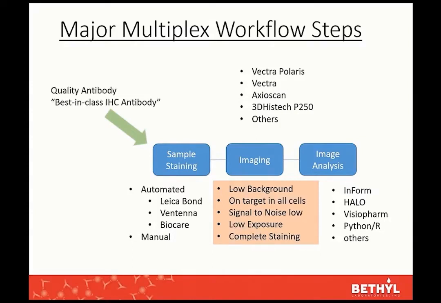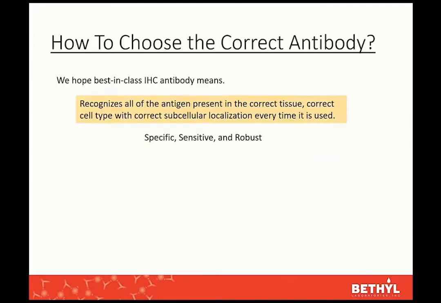So it's best to start off this staining with a quality antibody, and you'll hear people in the multiplex field often state, we're going to start with a best-in-class antibody. What is a best-in-class IHC antibody? What does that actually mean?